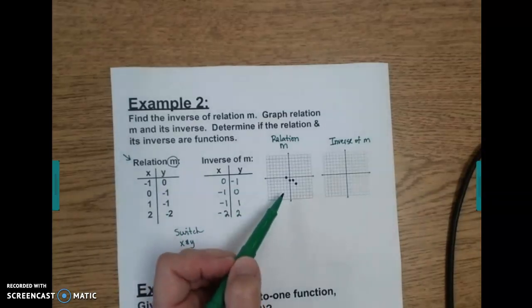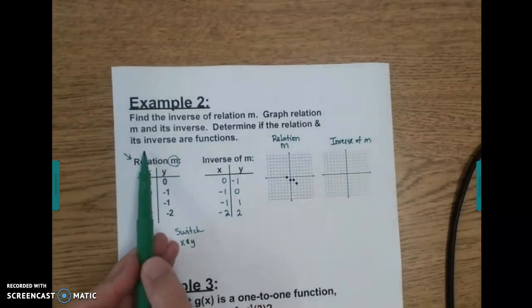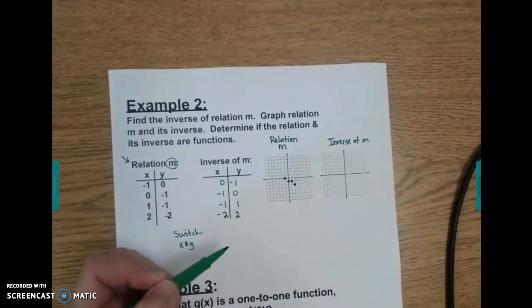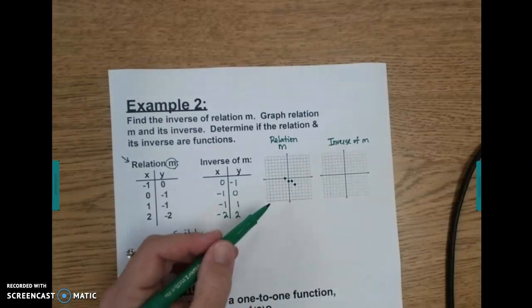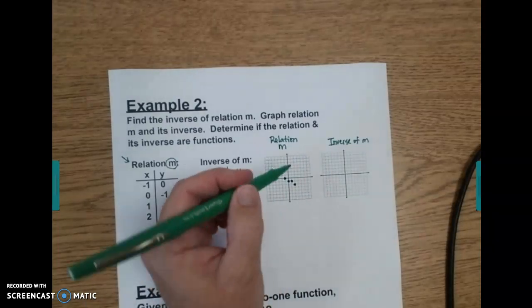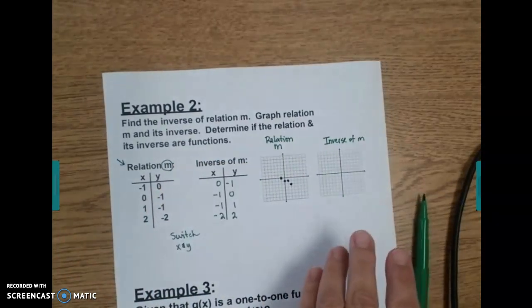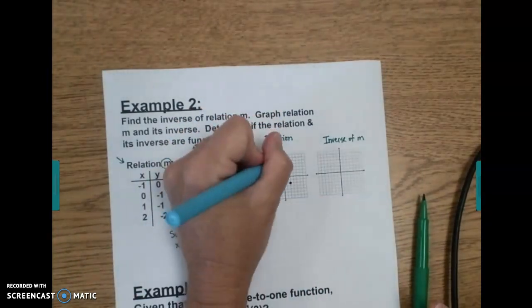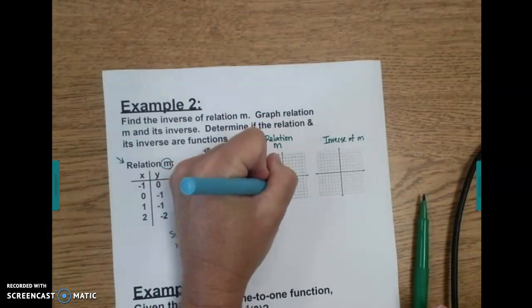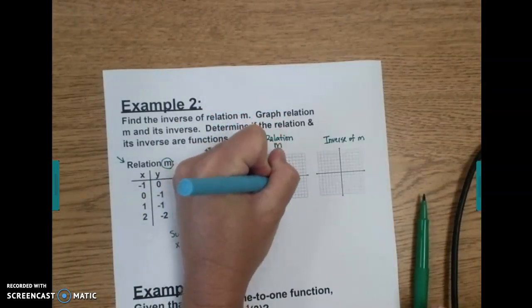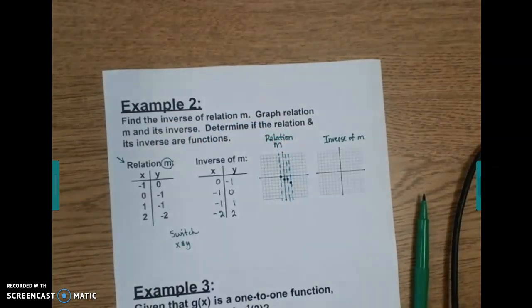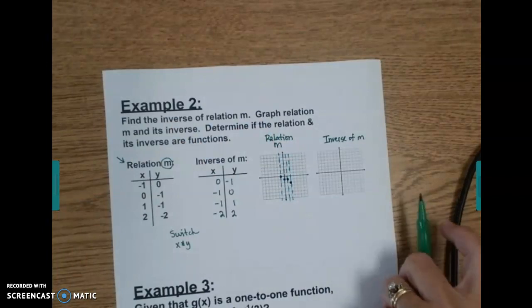It says determine if the relation and its inverse is a function. So would this be considered a function? You're going to look at that by doing the vertical line test. If I drew vertical lines down through here like this, you can see that the vertical lines are only touching one point at a time.